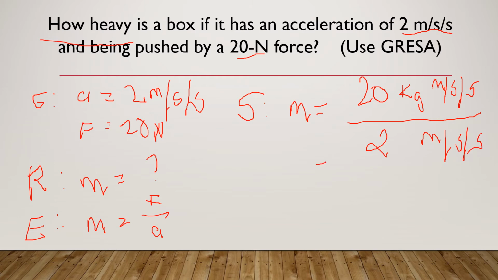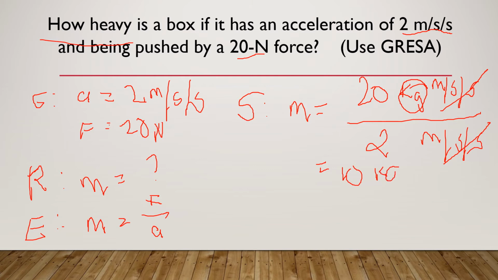So you need to divide 20 by 2. So the correct answer is 10. So take a look at the unit. Are there units that are the same? Yes, you are correct. So we need to cancel meter per second squared and another meter per second squared. And the remaining unit here is kilogram.